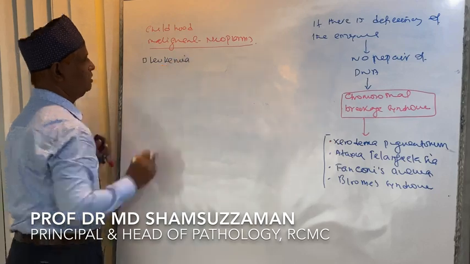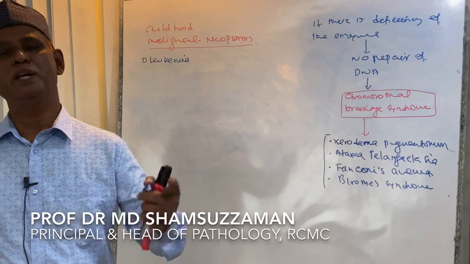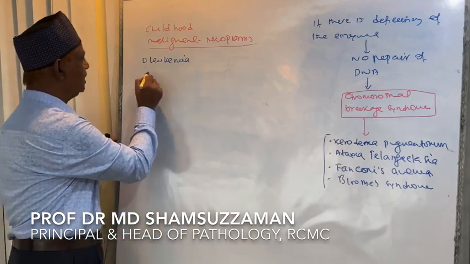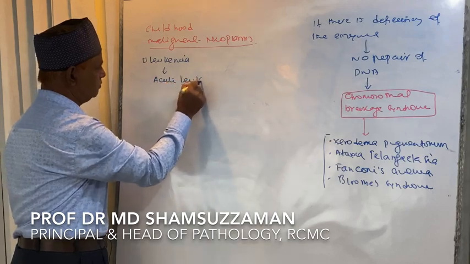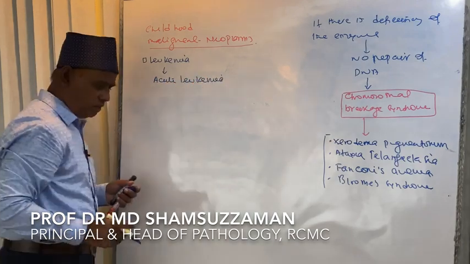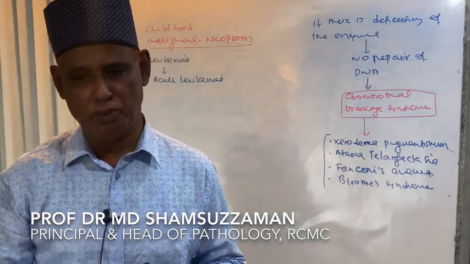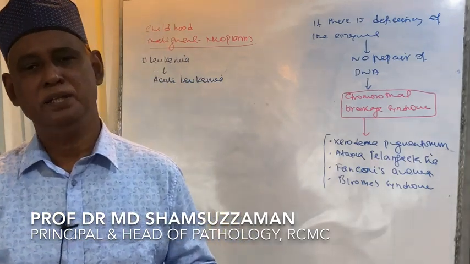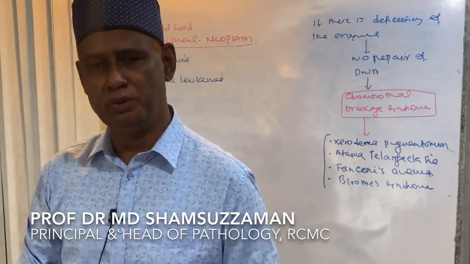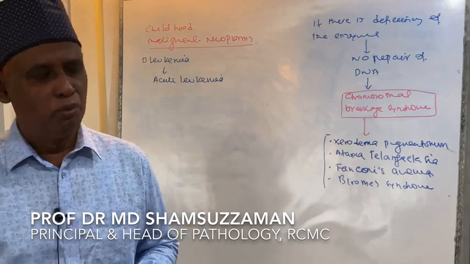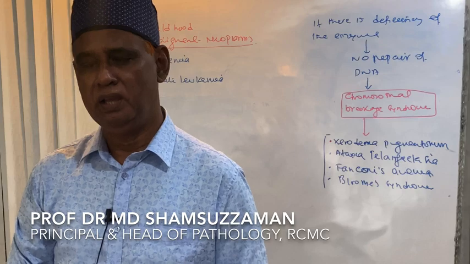Leukemia, blood cancer. What type of leukemia occurs in childhood? Acute leukemia. Dear audience, acute lymphoblastic leukemia and acute myeloblastic leukemia both occurs usually under the age of 18 years. Both occurs in childhood.